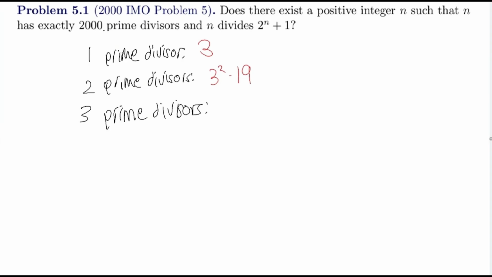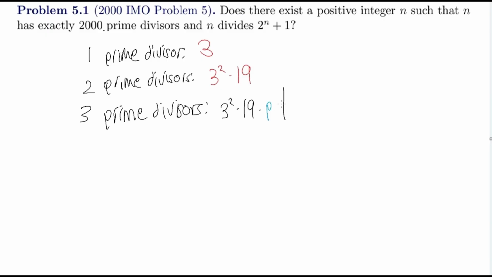So now let's move on to 3 primes. And because we don't want to do all the work that we did with the 2 prime case, let's try adding on a prime this time, because we're lazy. So this becomes 3 squared times 19 times some new prime, which I'm going to call p.